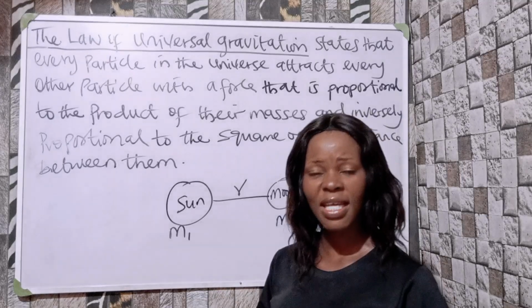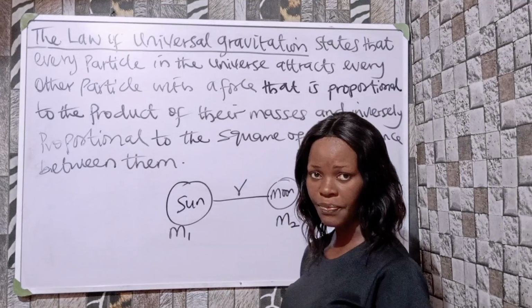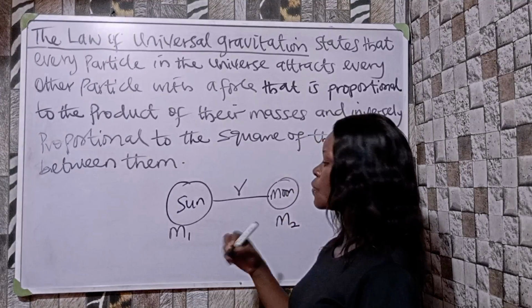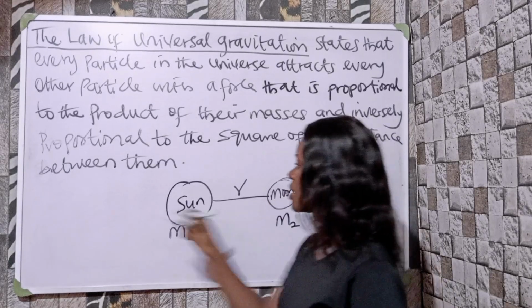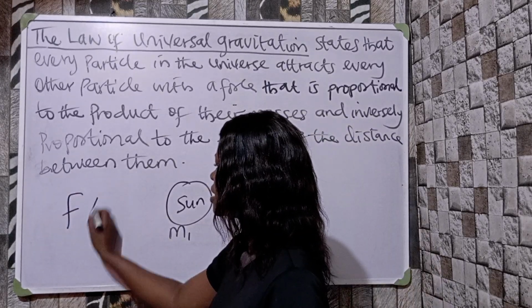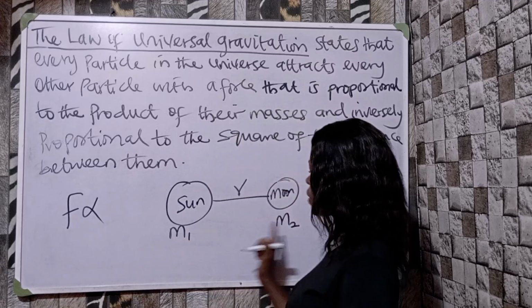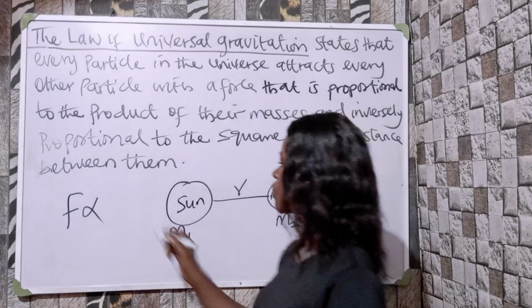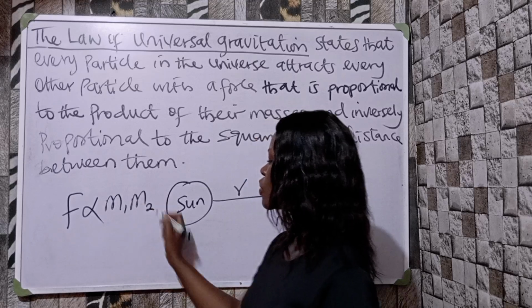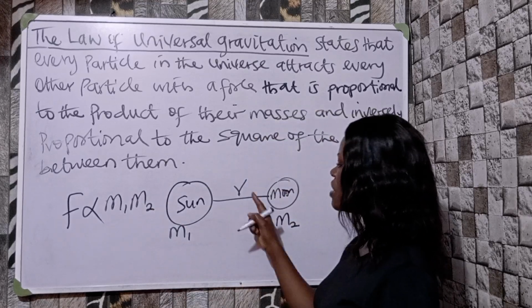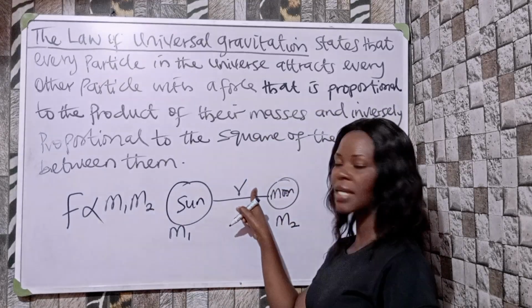So he said that there is a force that is proportional to the product of the masses of these particles in the universe. That is, the force is proportional to m1 m2. And the force is also inversely proportional to the square of the distance separating them.